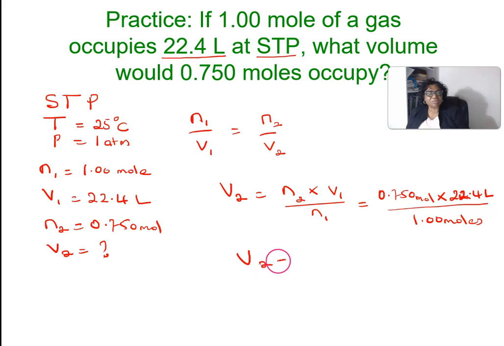So our V2 equals 0.75 times 22.4. So our volume V2 is 16.8 liters.